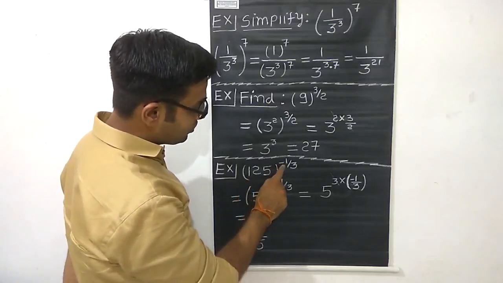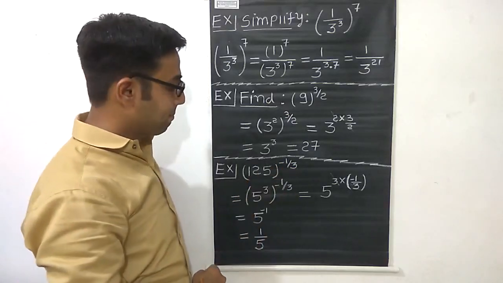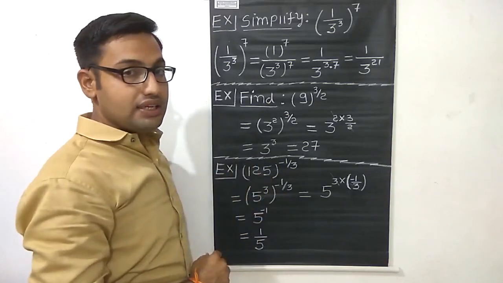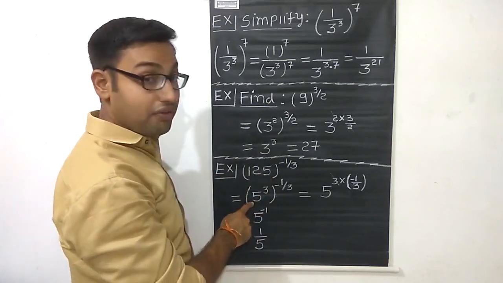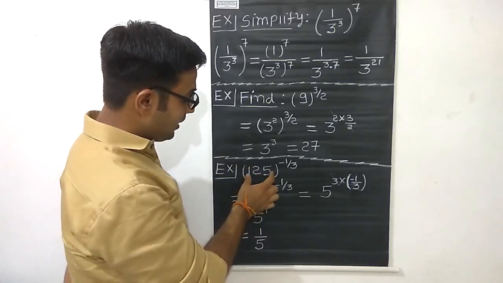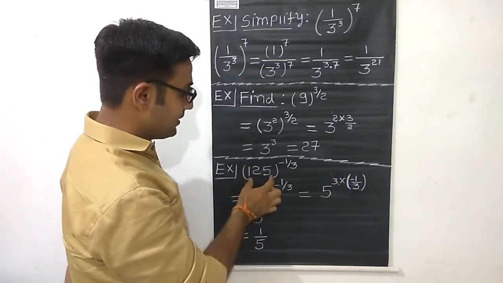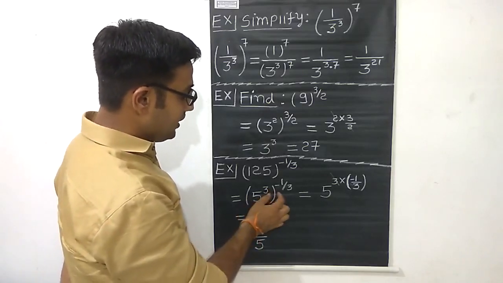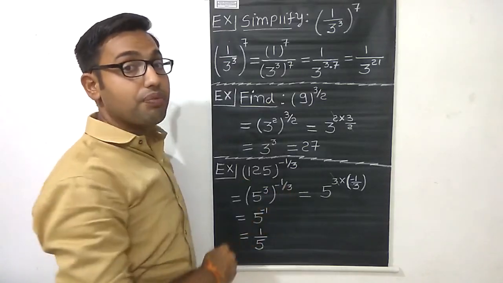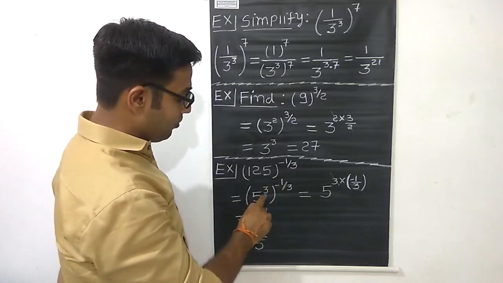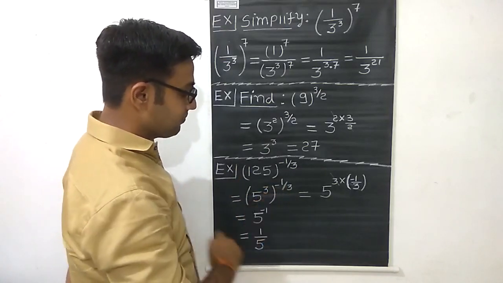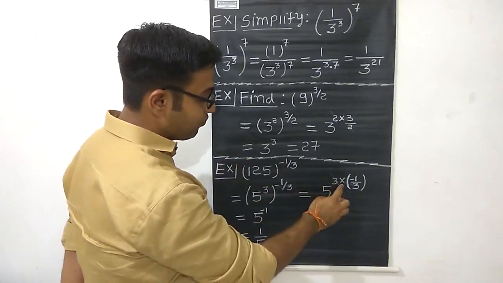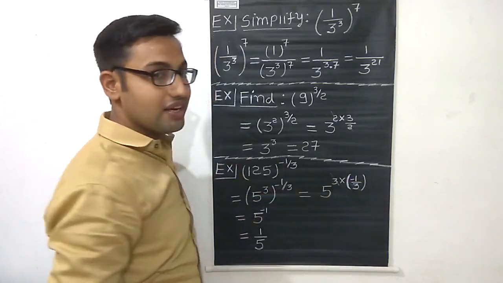One more example: 125 raised to power minus 1 upon 3. Here also we know that 125 is 5 raised to power 3. So we can write 5 raised to power 3 instead of 125. Now 5 raised to power 3, whole raised to power minus 1 upon 3. Again we multiply these two powers, so it gives us 5 raised to power 3 into minus 1 upon 3.